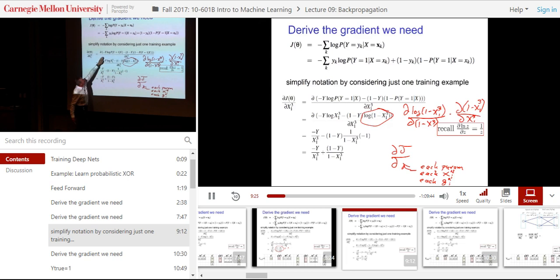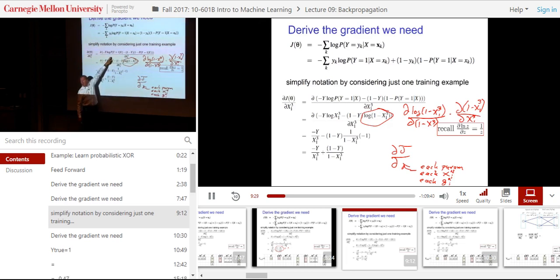And this rewriting of it is simply the if statement that we've talked about a few times. So if y equals 1, we're going to use this. If y equals 0, we're going to use that. So when we take the derivative, it comes out as we just discussed, except that we need the derivative of this term with respect to x3,1, and I don't know how to do that directly.